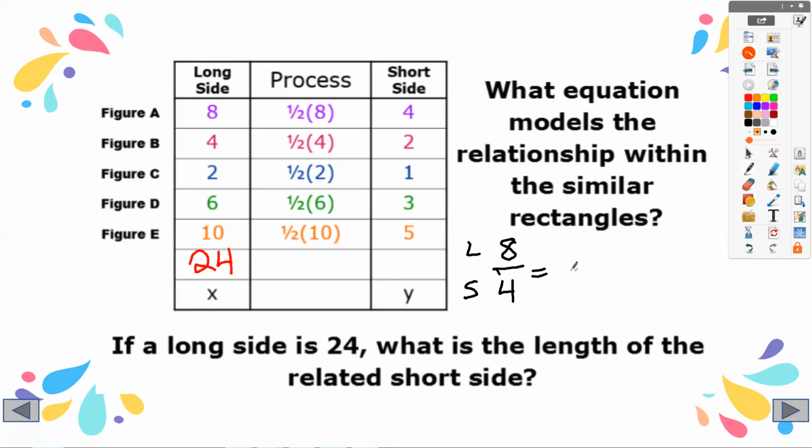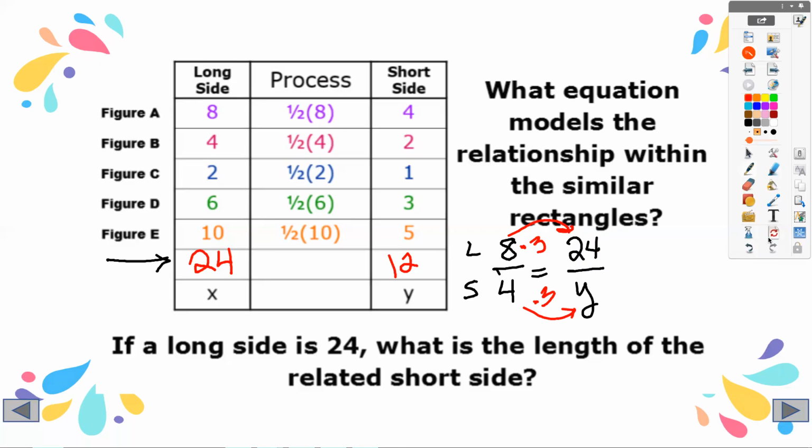Therefore, I can set up a proportion. Now to figure out, say, figure F, if you want to call it that, 24 is on the long side, and my missing, I can put my Y, since on the short side is the missing. So to solve, I'd multiply by 3. So here times 3, and either way, I still get 12.